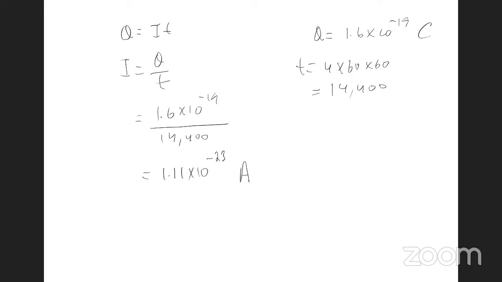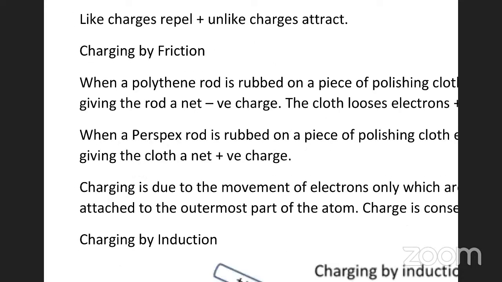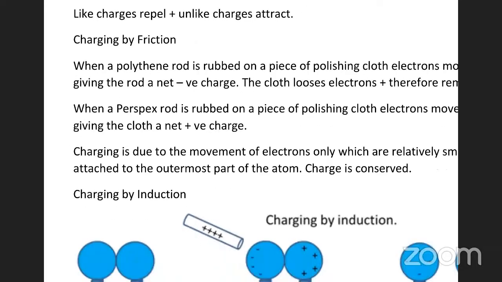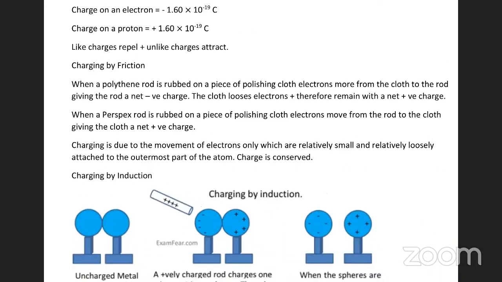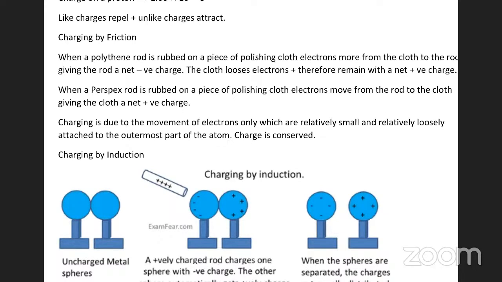All right. Last thing before we wrap up. Last day, one of the simulations I showed you all had charging by friction, right? So I just want to explain charging by friction, and that's it. When a polythene rod is rubbed with a piece of polishing cloth, the electrons, and again, I want to point out that only the electrons move.